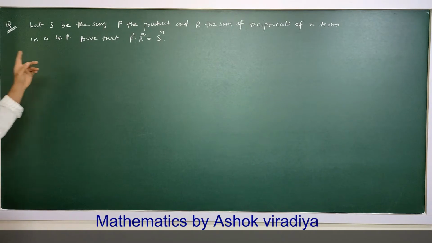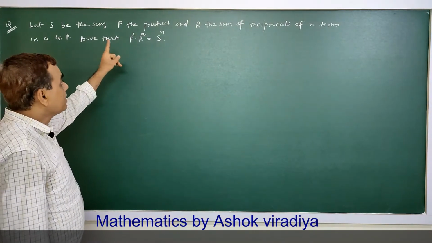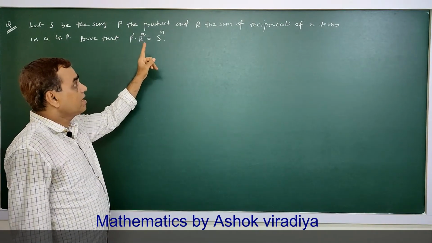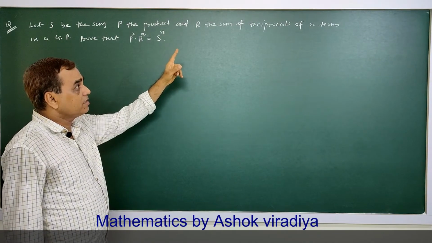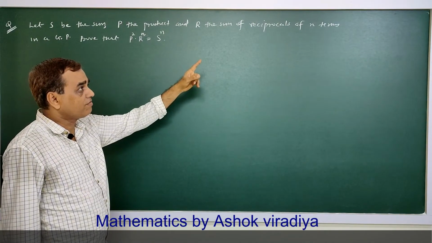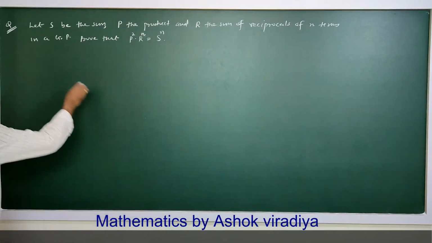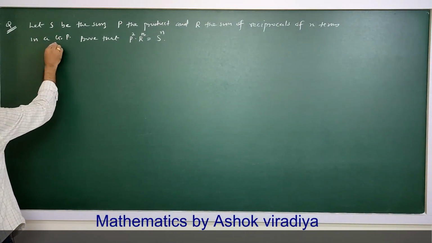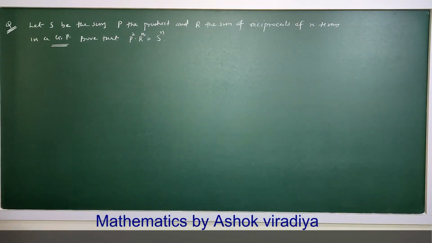Let S be the sum, P the product, and R be the sum of reciprocals of n terms in a GP. So the question is about a GP.